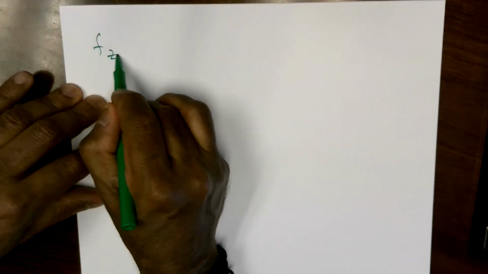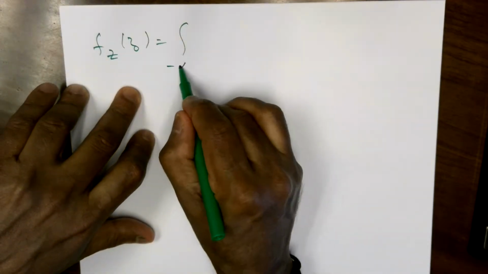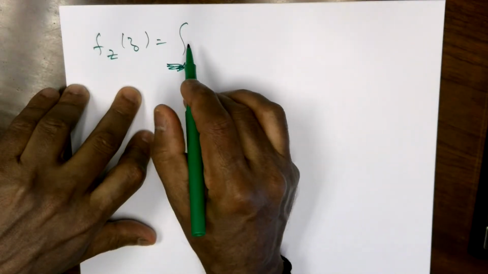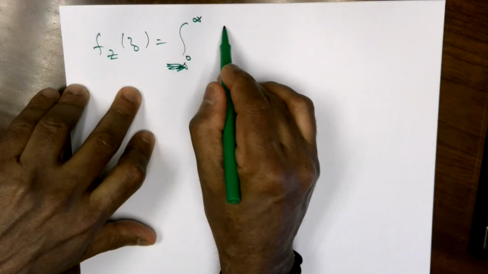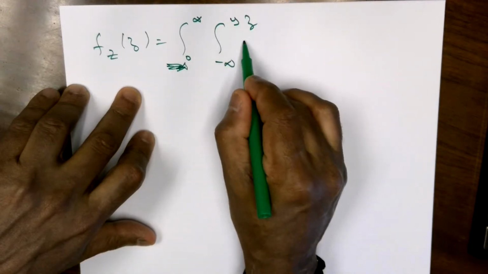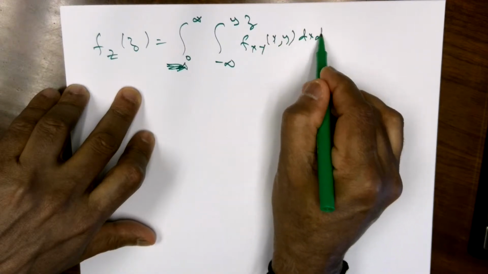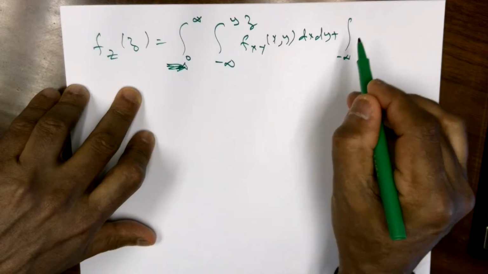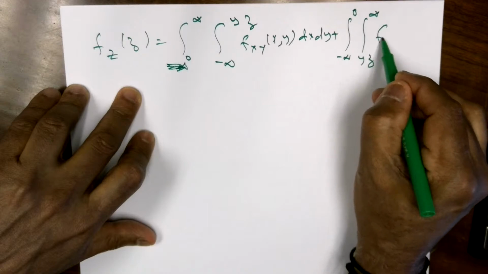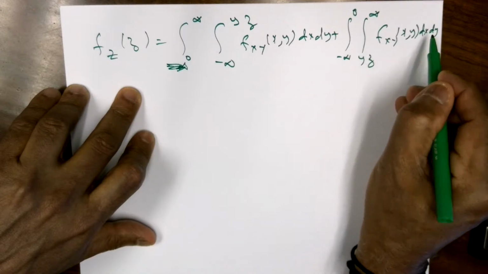So we have F_Z(z) equal to the integral, as we had before, from 0 to infinity in Y and minus infinity to Yz in X of f_XY(x, y) dx dy, plus the integral from minus infinity to 0 in Y and Yz to infinity in X of f_XY(x, y) dx dy.